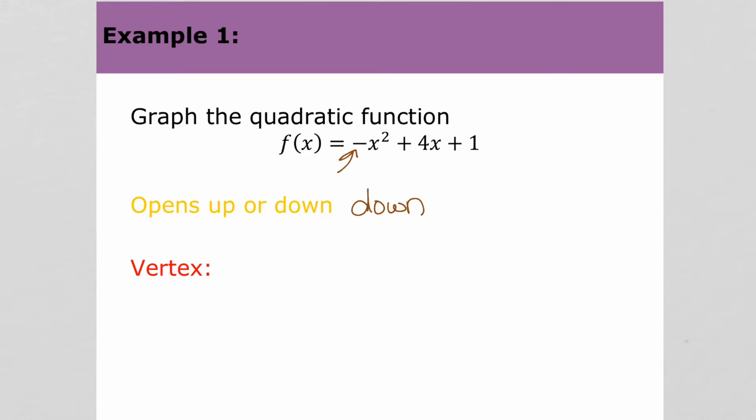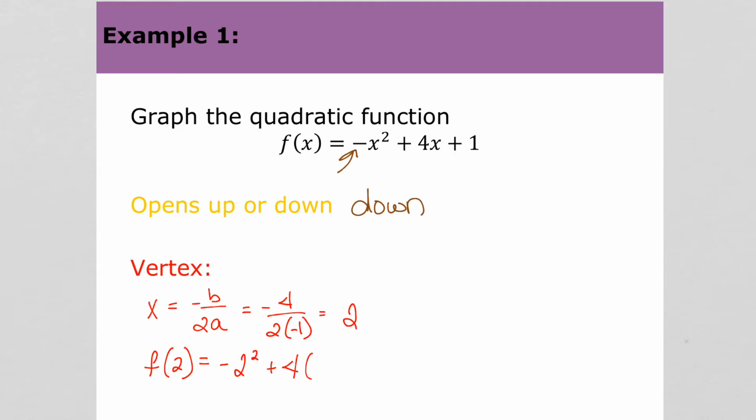Next, we want to find the vertex. So we're going to use x is negative b over 2a. So negative 4 over 2 times negative 1 is 2. So the x value of our vertex is 2. To find the y value, we just plug in to our function. So negative 2 squared plus 4 times 2 plus 1.